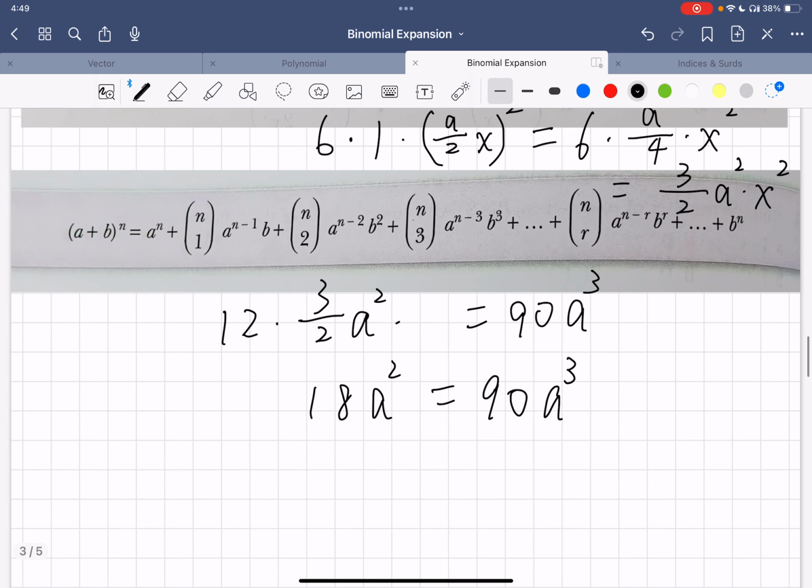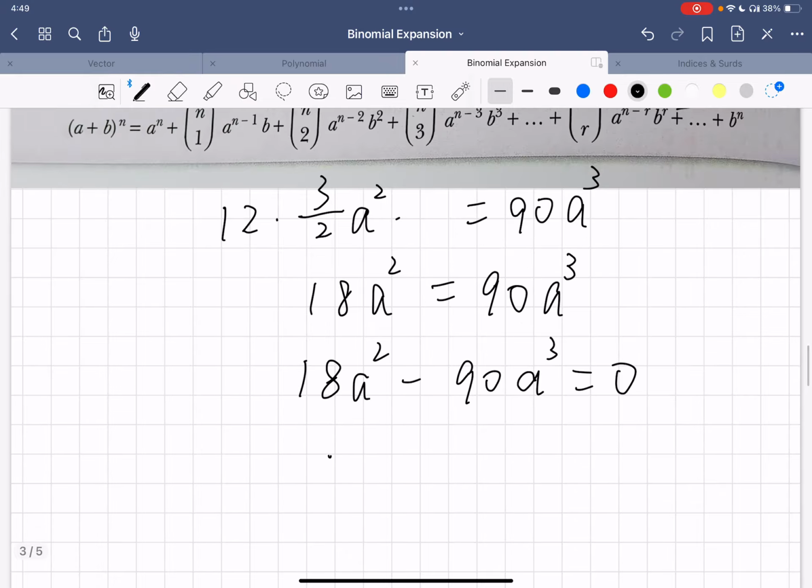So it's 18a squared minus 90a cubed equals 0, and we factorize it.